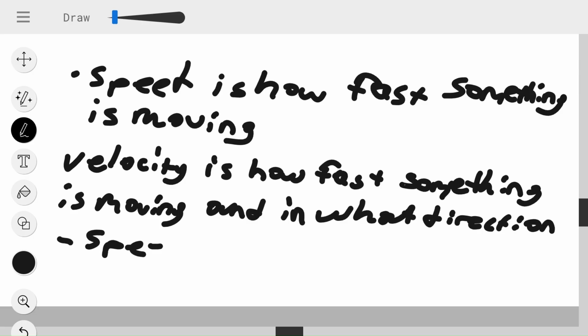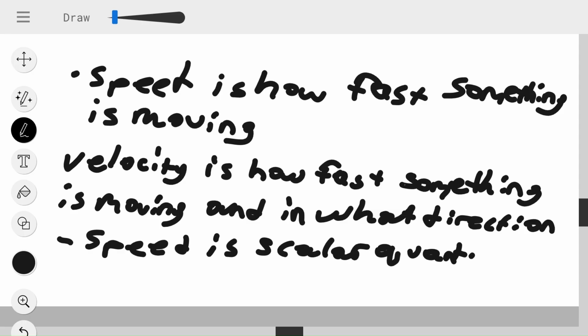Speed is a scalar quantity, while velocity is a vector quantity.